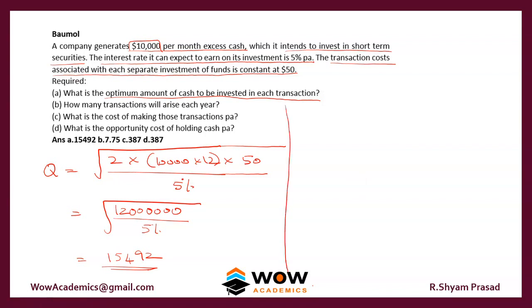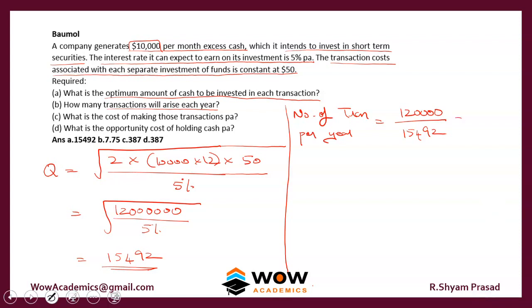So we still have the question left. How many transactions will arise in each year? So we'll start with the B, the number of transactions per year. In a year, we totally require 1,20,000 amount of cash, and in each transaction we have to raise 15,492.